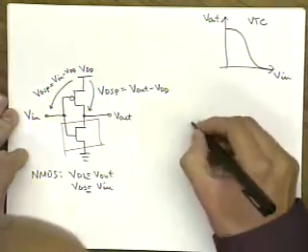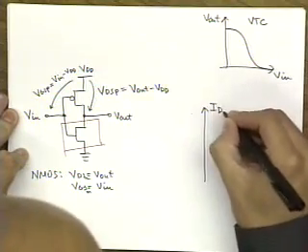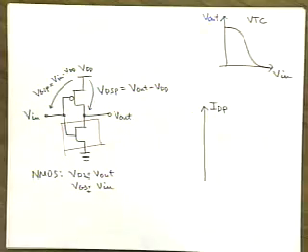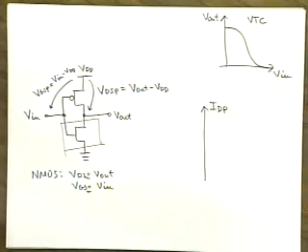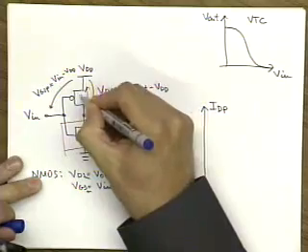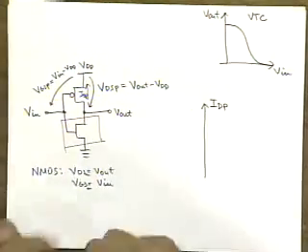For the PMOS, we have IDP, the current that goes like that, and we have IDN over here.